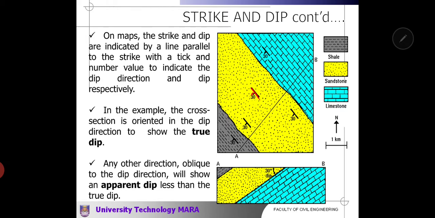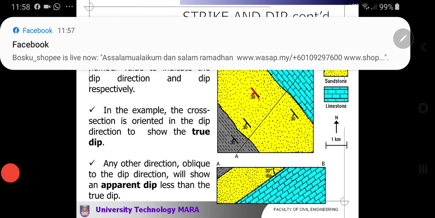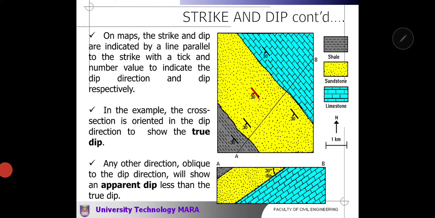And the dip angle is 30 degrees. So whenever you find a geological map with this legend, it is explaining strike and dip angle.